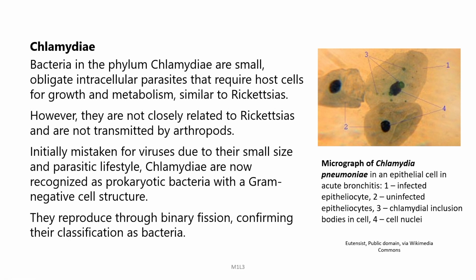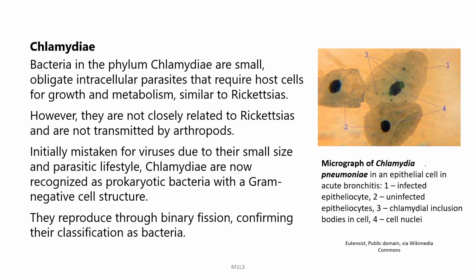Initially, Chlamydia was mistaken for viruses due to their small size and parasitic lifestyle. Chlamydia are now recognized as prokaryotic bacteria with a gram-negative cell structure. They reproduce through binary fission, confirming their classification as bacteria as against viruses.